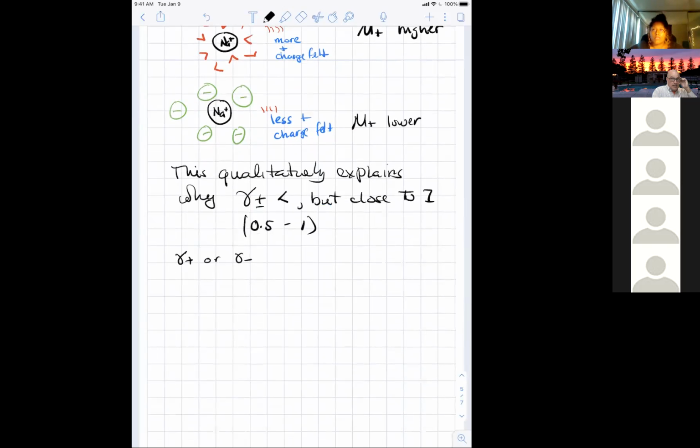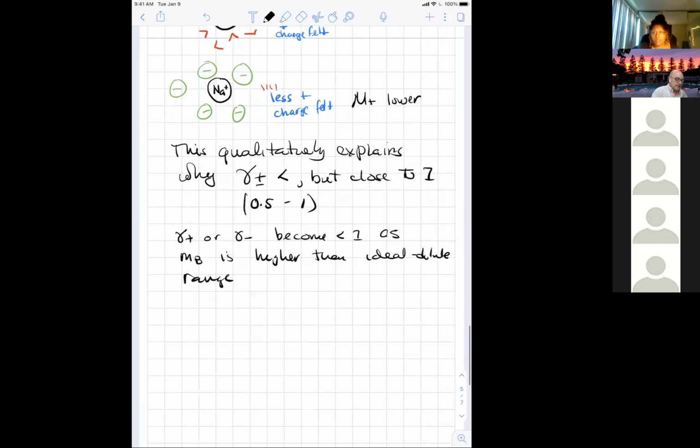So these individual ion activity coefficients become less than 1 as the solute molality is higher than the ideal dilute range. So they're kind of damped or limited.